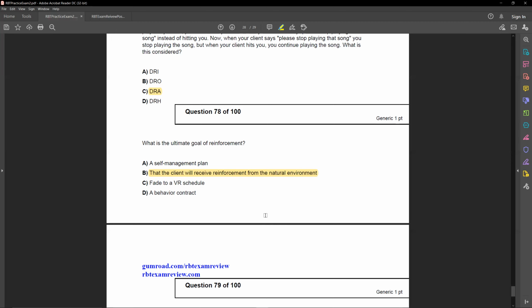So we have to contact reinforcement in the natural environment, okay, to continue some of these behaviors and these responses, okay? So the ultimate goal of reinforcement is where we can fade token boards and contracts and all this contrived reinforcement and just get it to the point where the client is out in the world in their natural environment and their behavior is being maintained through natural means. That is the ultimate goal of reinforcement.